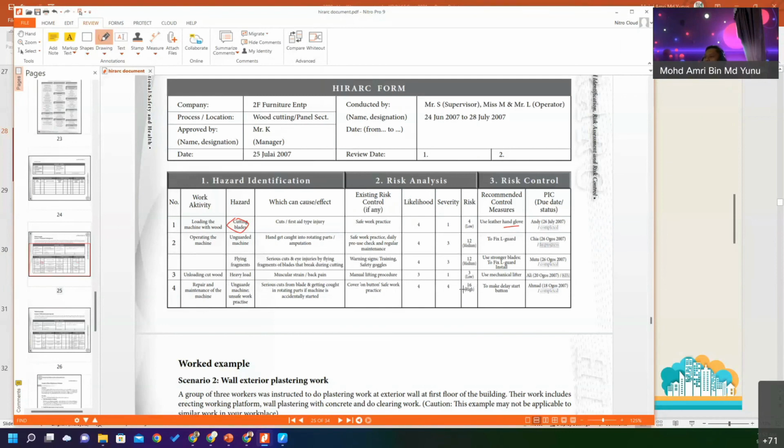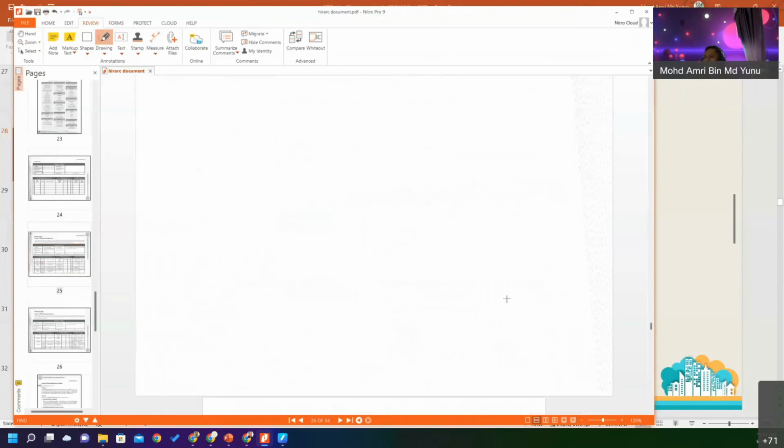So here is high. I think the other thing that we can list out, the recommended measure here, you can list according to the types. Okay, engineering control, isolation, if possible.